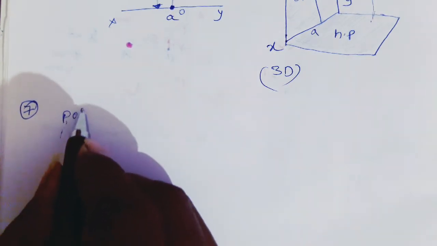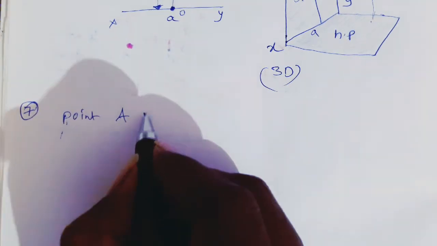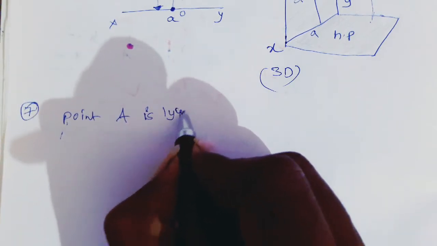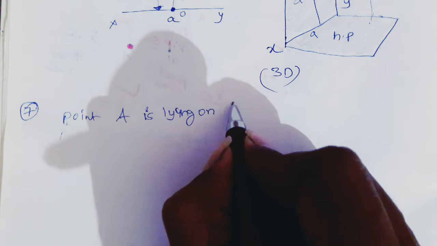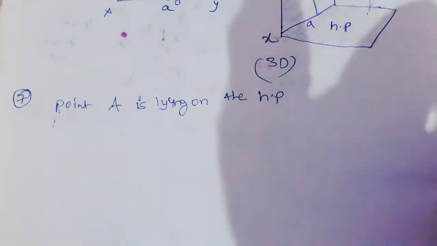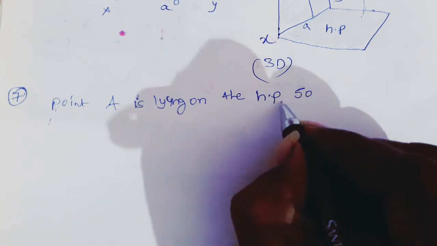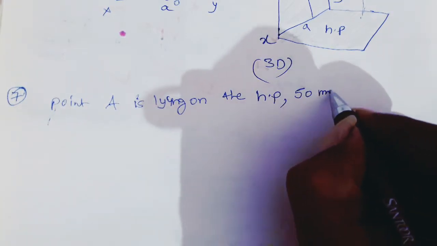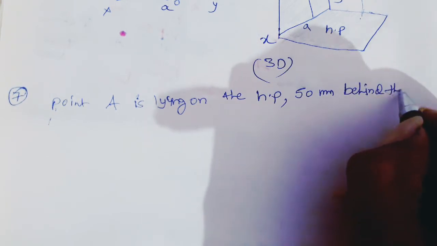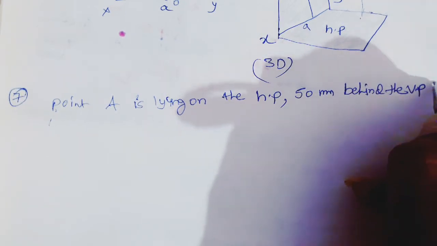Point A is lying on the HP 50 mm behind the VP.